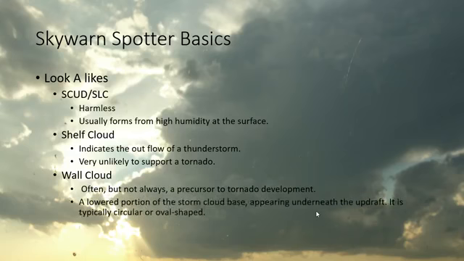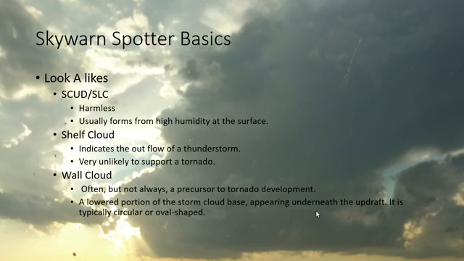Okay. A wall cloud is a lower portion of the storm cloud base appearing underneath the updraft. It is typically circular or oval shaped. So just sit back and watch it.